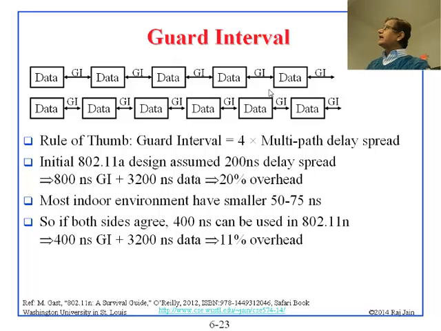And so first thing is the guard interval. Because there is multipath, the symbols are coming at different times, and remember that cartoon about fat people? The symbols could overlap, right?